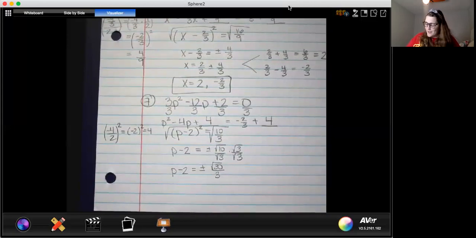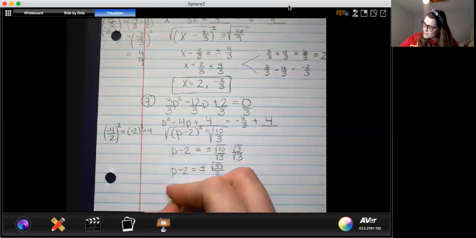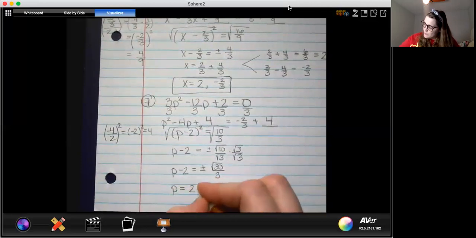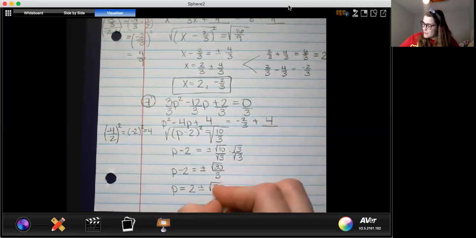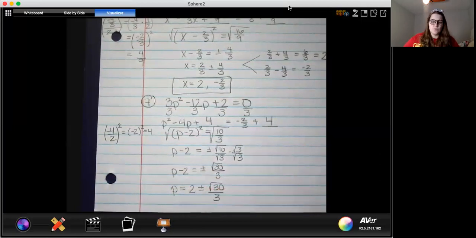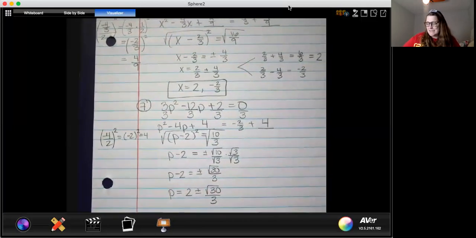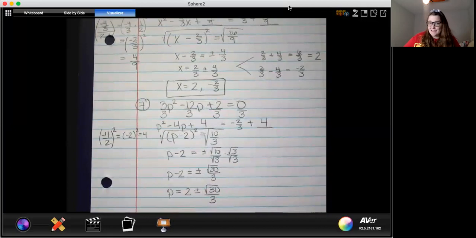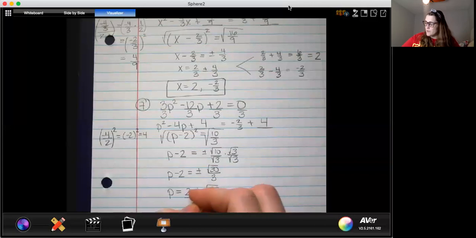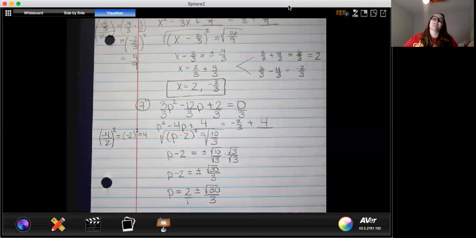Okay, now we're going to add 2. So p equals 2 plus or minus the square root of 30 divided by 3, which is correct. But is it simplified? Is it combined nicely? Not exactly. Well, how would I get 2 to add with this fraction? Well, it has to have a denominator of 3, and currently has a denominator of 1.